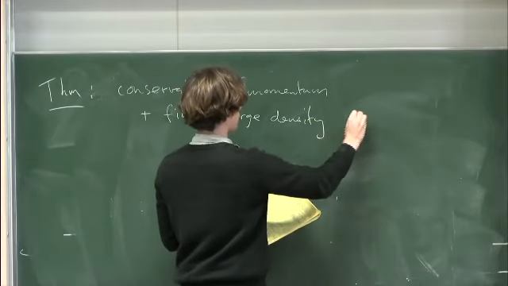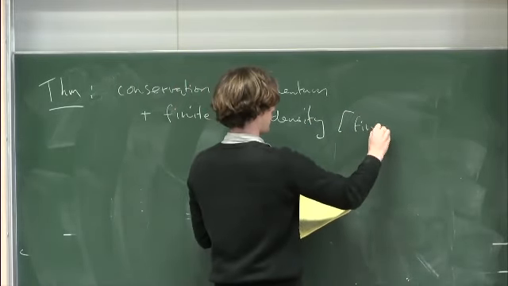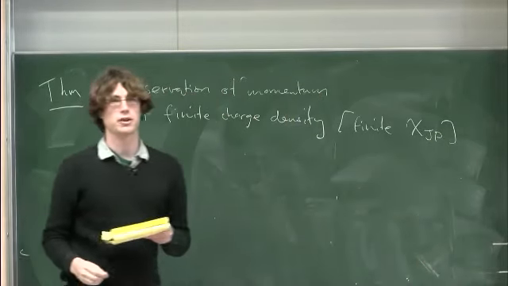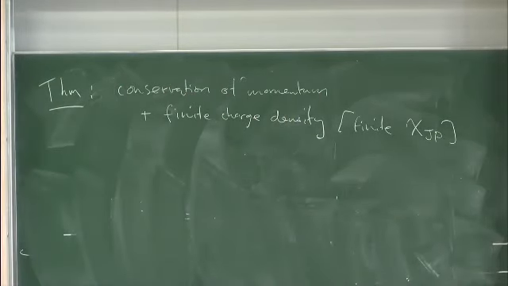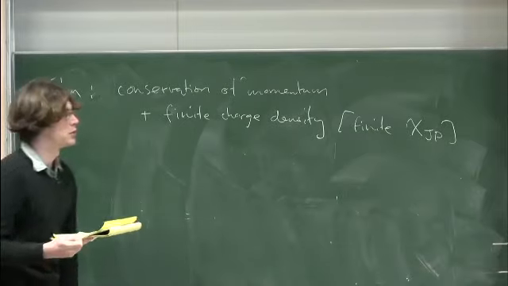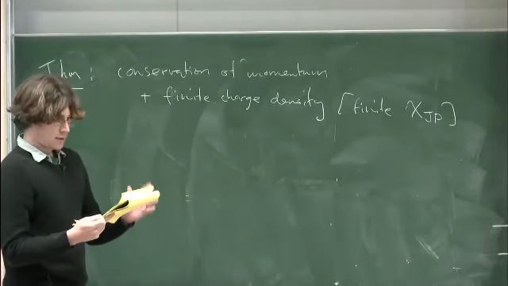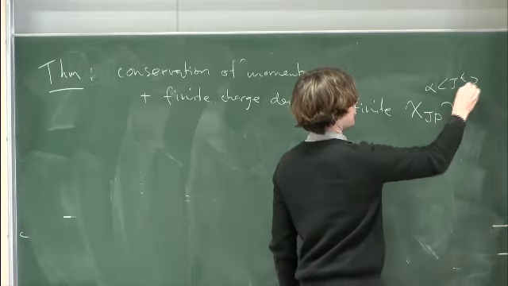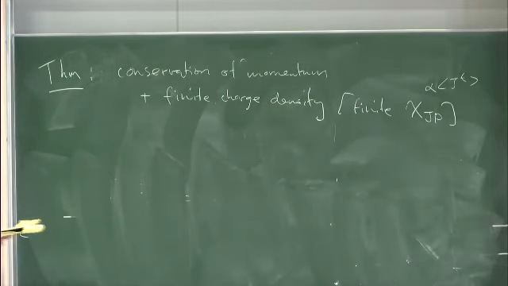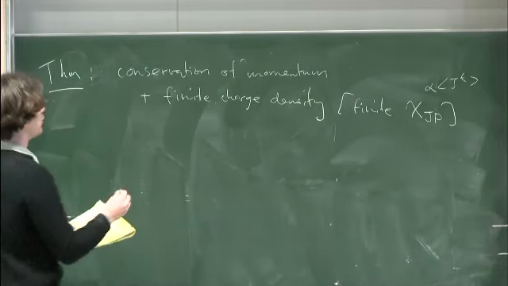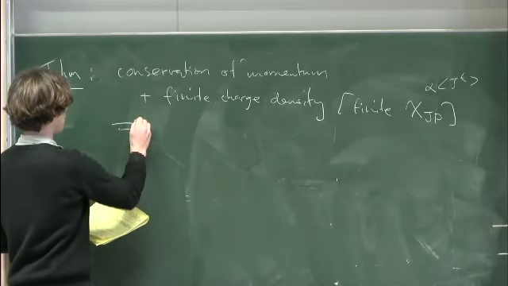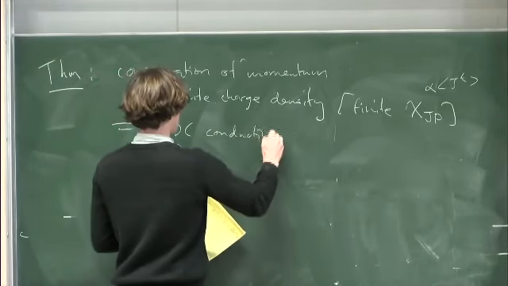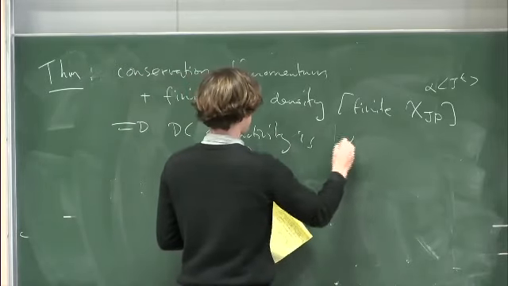Actually, what's really necessary is a finite susceptibility chi_JP, so that the stationary momentum current has some overlap with the electric current, but this thing is often proportional to the charge density, for example, in a relativistic theory. So these things imply that the DC conductivity is infinite.